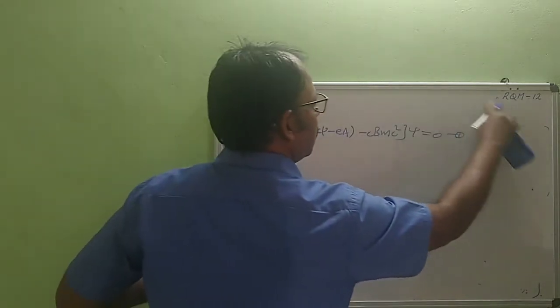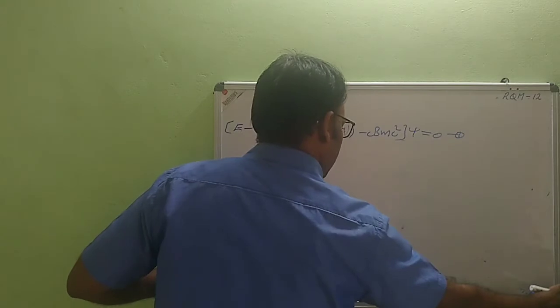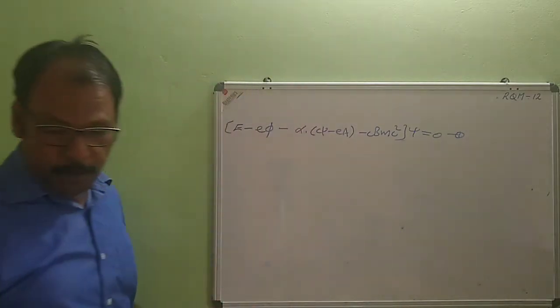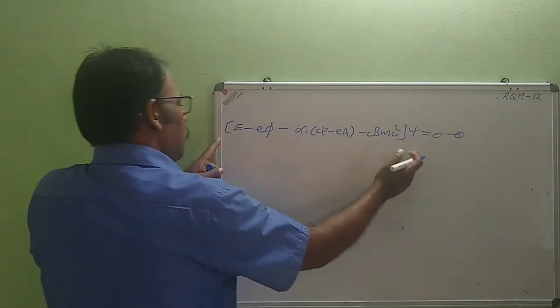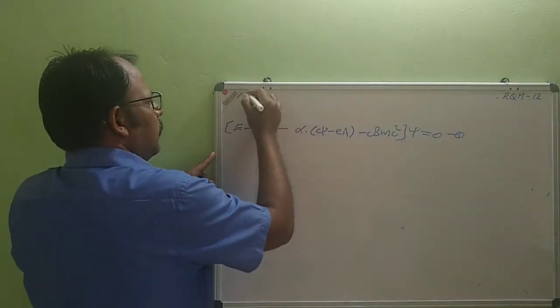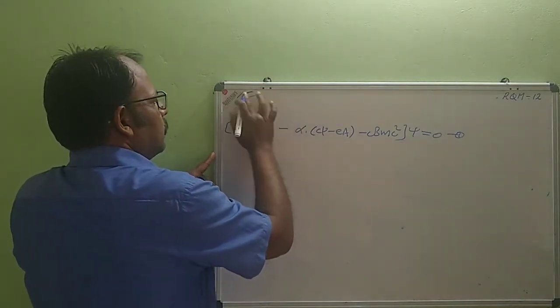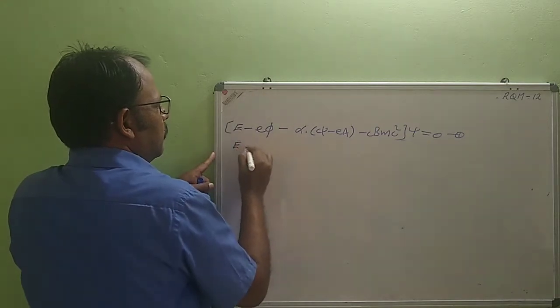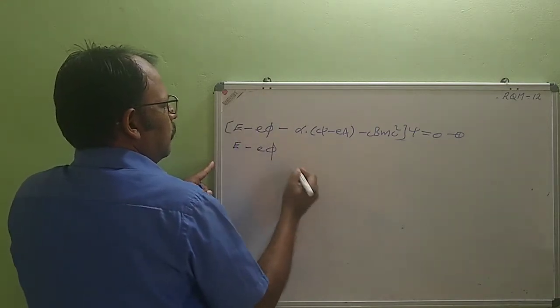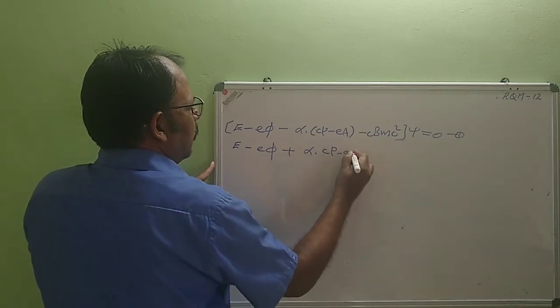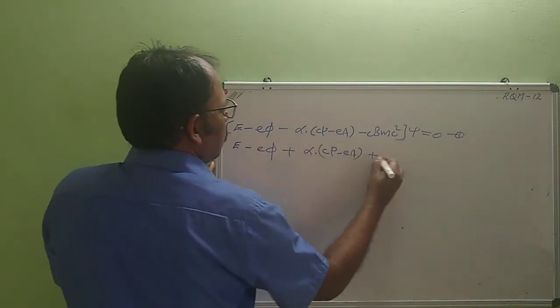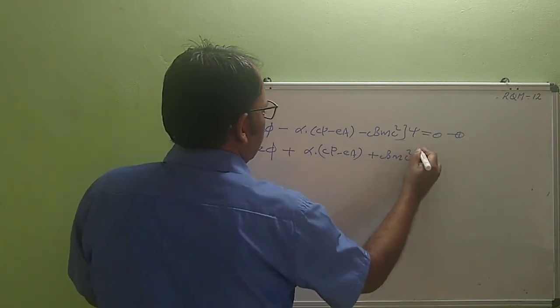For finding the magnetic moment of the electron, for finding the magnetic moment of the Dirac particle, we will multiply this equation from the left by E minus e phi plus alpha dot (cP minus eA) plus beta m c square.